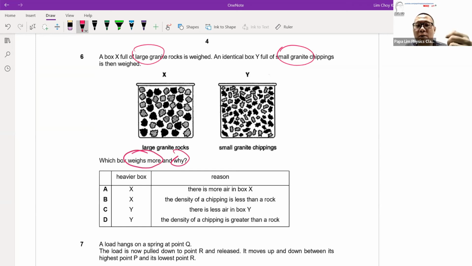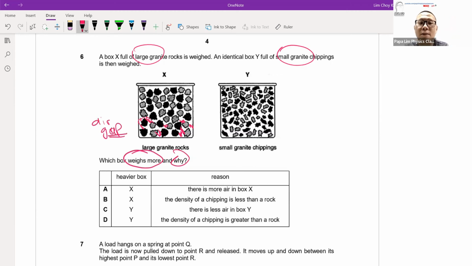Why? Because if you look at the spacing between them, big stones versus small stones, the difference is the amount of air being trapped there. For big stones, because of the size of the stone, the air gap is bigger.